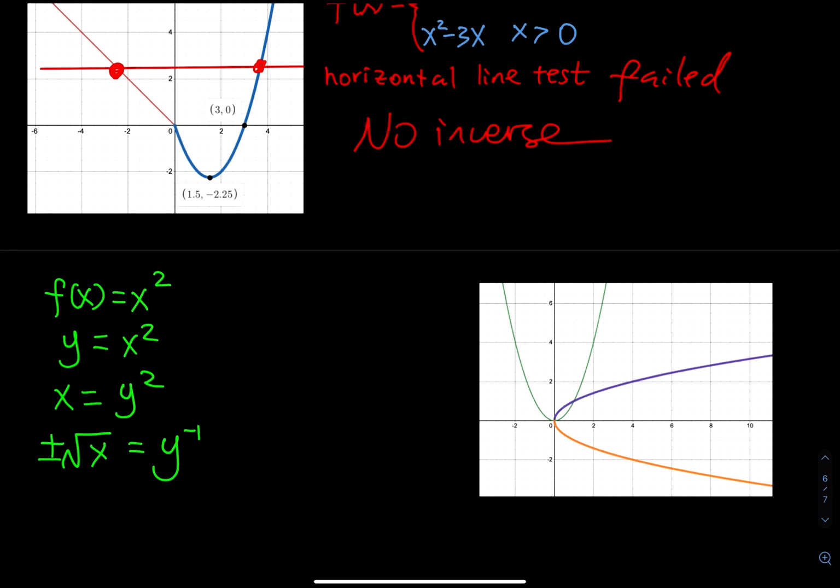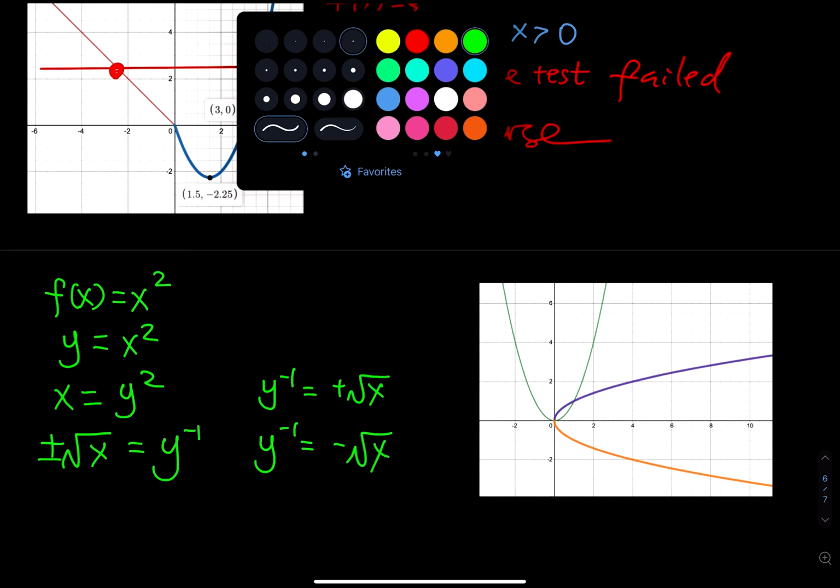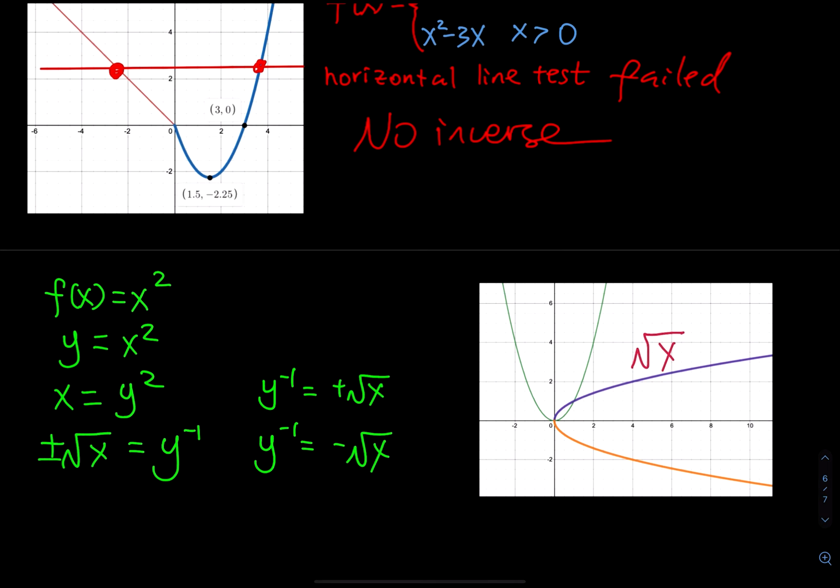So that means y inverse equals positive square root of x, and y inverse equals negative square root of x. Let me use a darker color to draw on the picture. This is positive square root of x. This is negative square root of x.